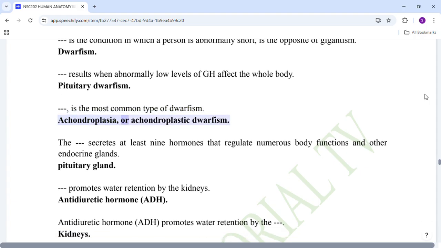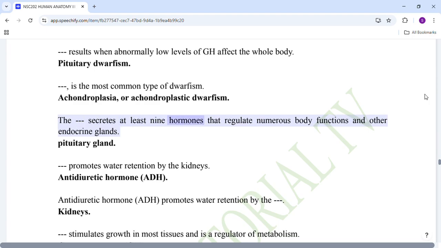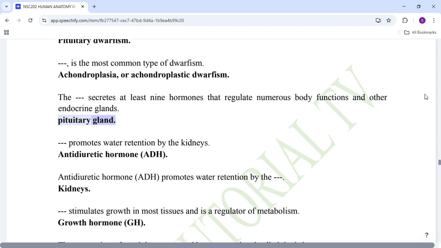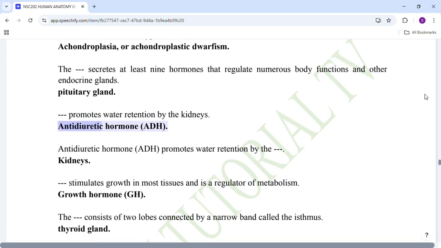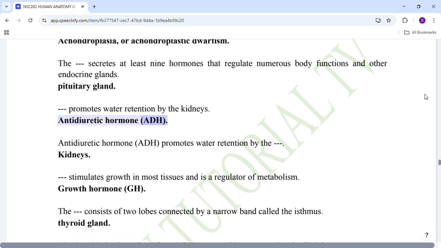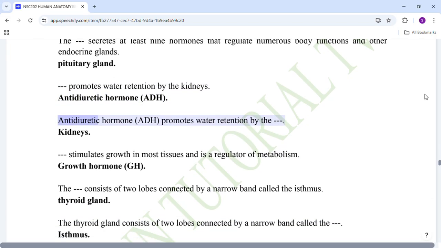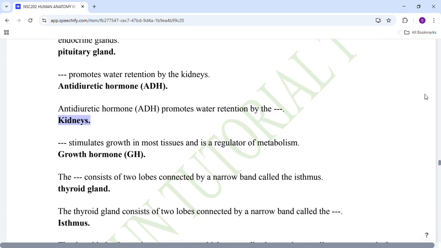The pituitary gland secretes at least 9 hormones that regulate numerous body functions and other endocrine glands. Antidiuretic hormone, ADH, promotes water retention by the kidneys.